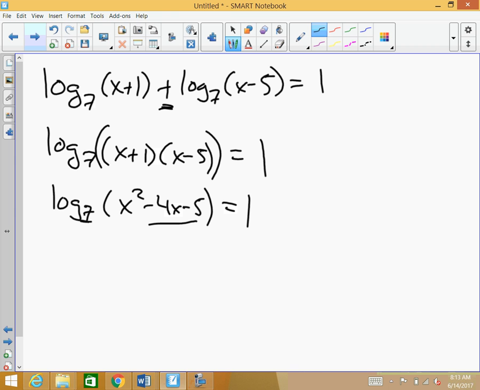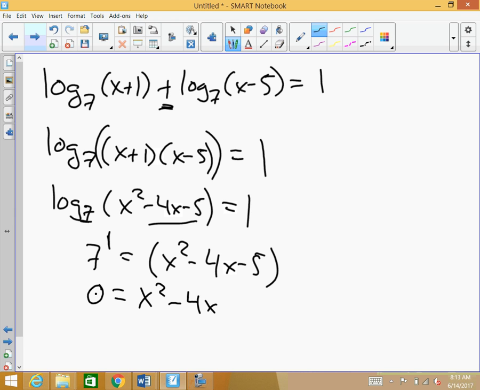So I know that 7 to the power 1 will be equal to x squared minus 4x minus 5. So 7 to 1, so I bring it over. 0 is equal to x squared minus 4x minus 5 minus 7. 0 is equal to x squared minus 4x minus 12.